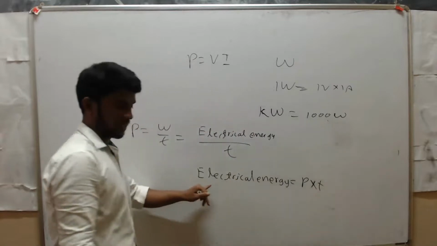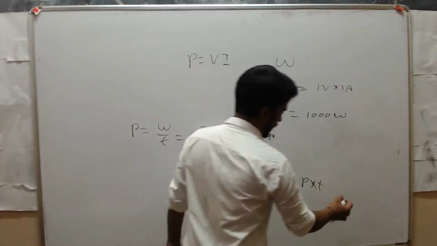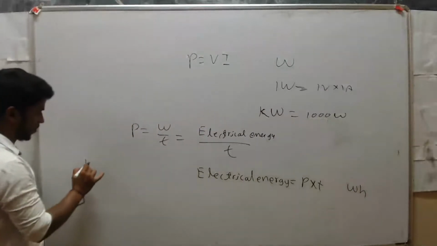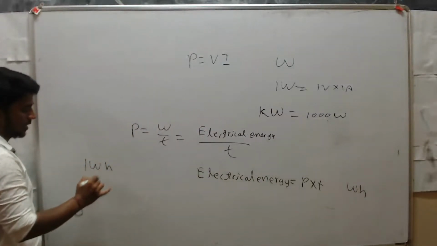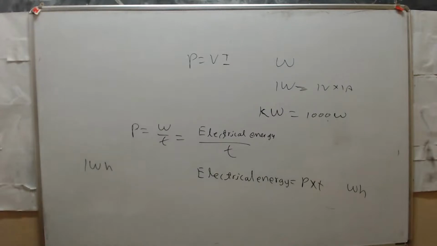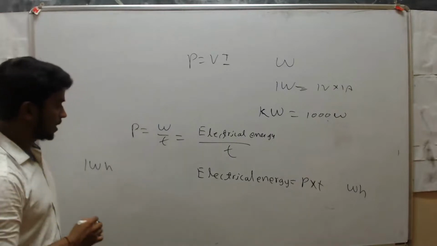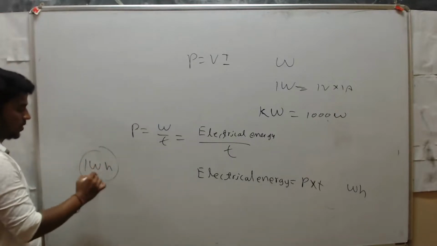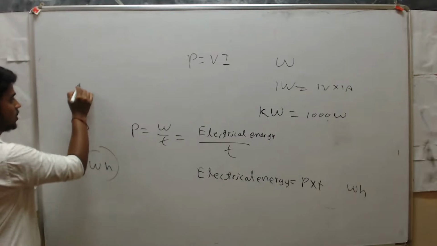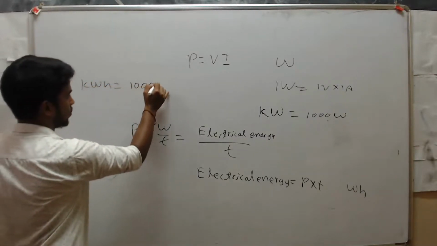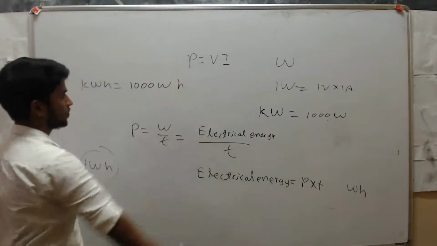So here the SI unit of electrical energy is watt hour. What is the meaning of 1 watt hour? If a conductor consumes 1 watt of power for 1 hour, then we say that the electrical energy of the conductor is 1 watt hour. This watt hour is very small, so that's why we use kilowatt hour, which is equal to 1000 watt hour.